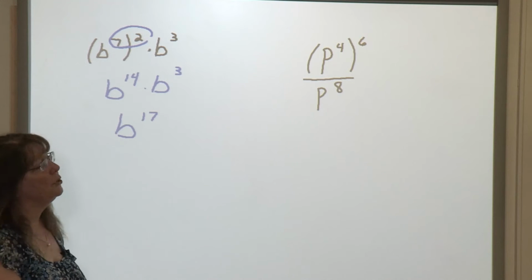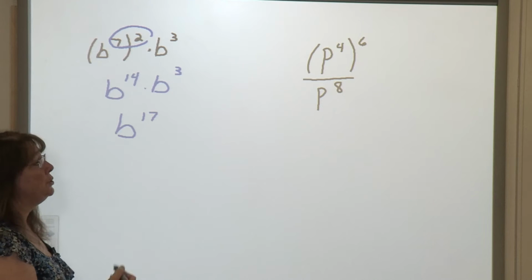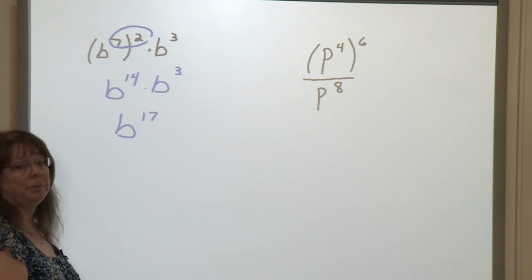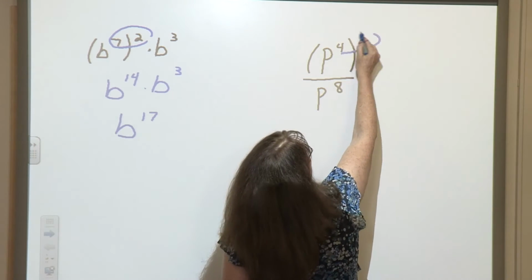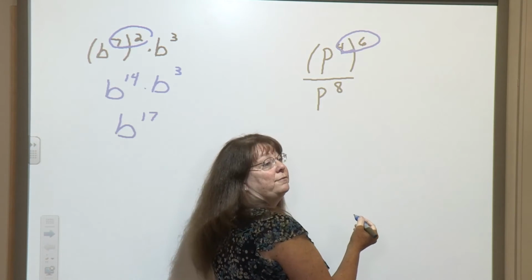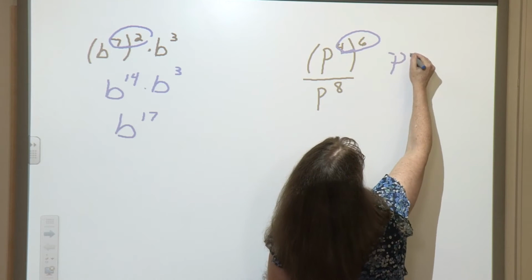The same thing's going to happen in our next example. This one we'll have a quotient rule being used because we do notice we are working with a base of p and it's being divided. But I'm going to start off again with that power to a power. So I'm going to want to simplify and get rid of the parentheses on top, multiply my exponents.